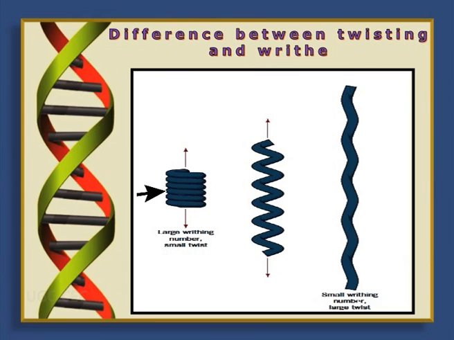If we look at this diagram, we find that when writhe increases, twist decreases. When twist increases, writhe decreases. Thus, twist and writhe are interconvertible, keeping the linking number constant. The linking number can only be changed by breaking one or both phosphodiester backbones of the DNA double helix.